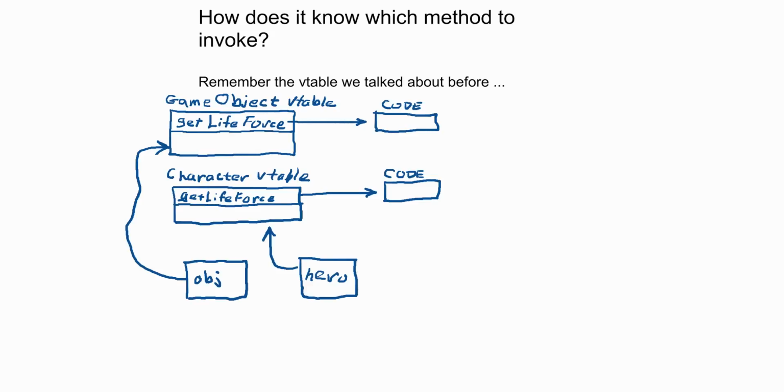And you notice that this code and that code are totally separate. So my hero executes one piece of code, and my object executes another piece of code. Very good. So that's how we can figure out which of the two methods we want to call.